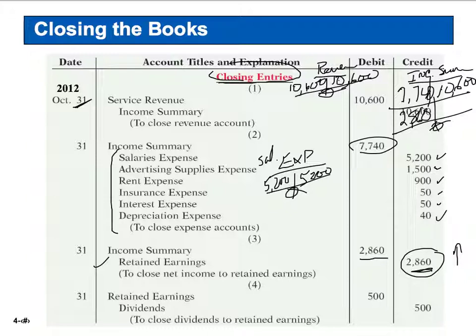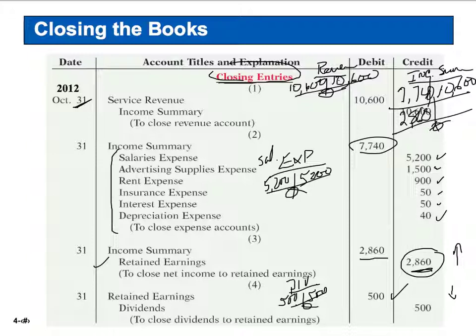The last thing is we have our good old friend dividends sitting there. It has a debit balance of 500. I make a journal entry. I credit it 500 to make that zero, and I debit retained earnings, bring it down by the amount of dividends. So when I'm finished, I have no revenue accounts, I have no income summary accounts, I have no expense accounts, and I have no dividends.